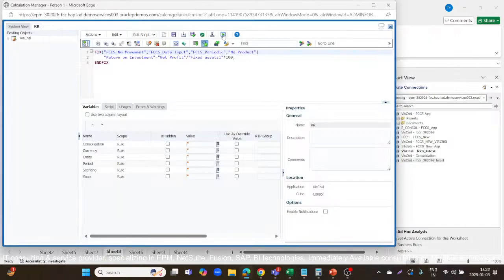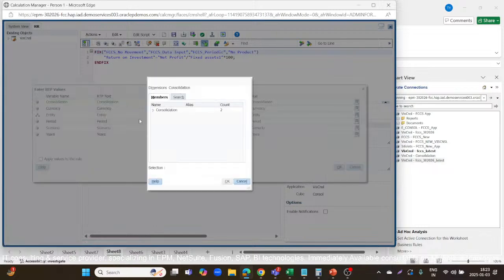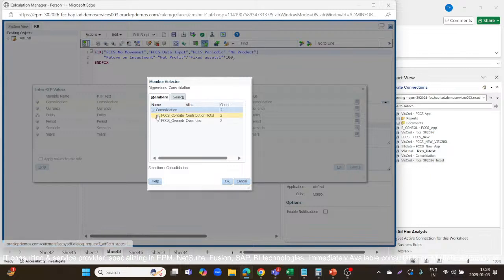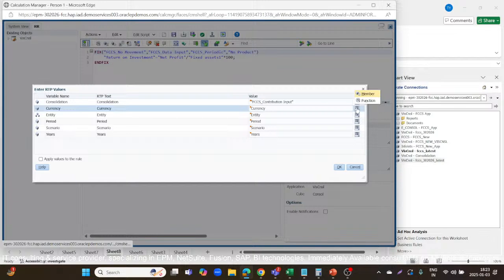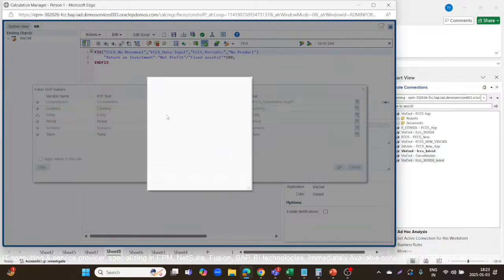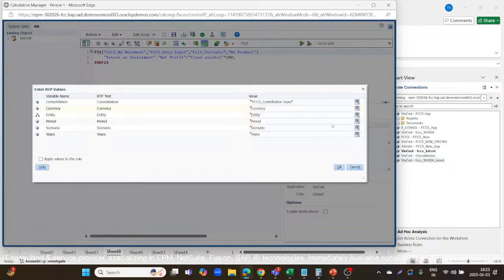For that you have to click on launch and define the values here. Consolidation I'll use as contribution input. Currency as entity currency.